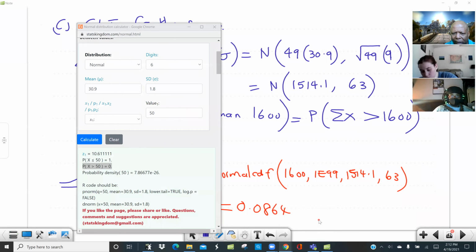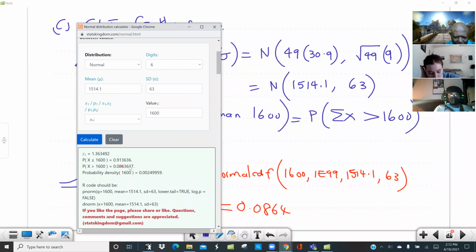So you come over here, you update the mean to 1514.1, and you go to 63 as the standard deviation. You want to go to the right of 1600, and to the right, okay, you're waiting, it's right here, 0.0863.